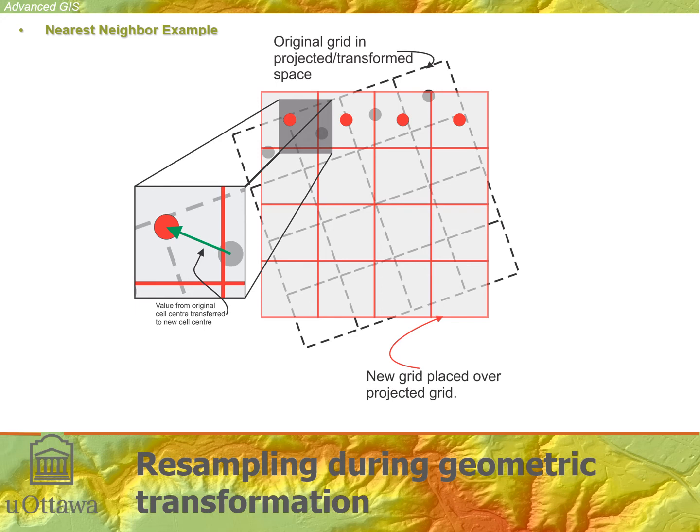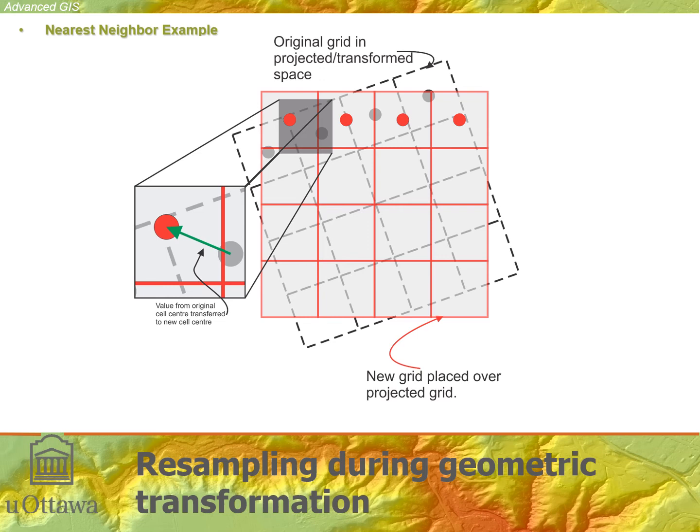This is another diagram or way of looking at resampling. Here we have our warped grid, which is the black dotted lines, and the cell centers are marked in black. And then over top of that bad raster, which is in the black dotted lines, we put our new red one.